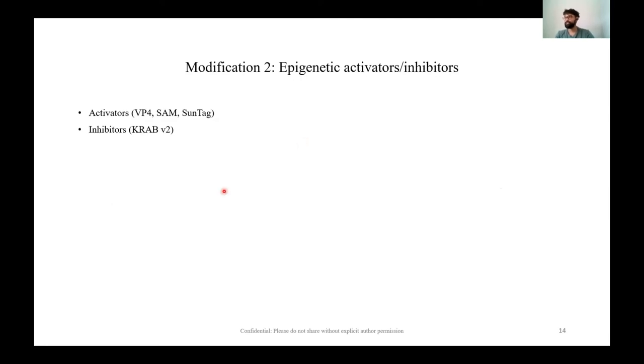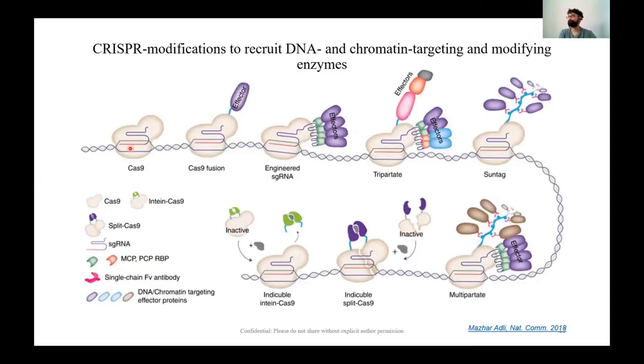The second modification is if you want to activate your promoter region, or even a certain enhancer region. We'll be talking about three such activators, which are VP64, SAM, and SunTag, and inhibitors, so basically epigenetic silencers such as KRAB and more recent versions of epigenetic silencers as well.